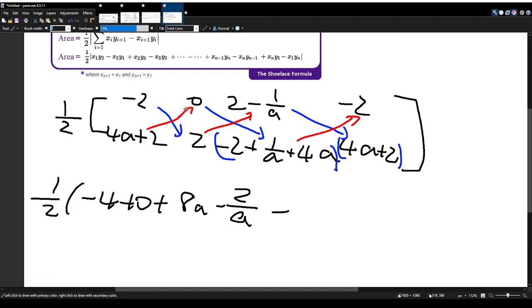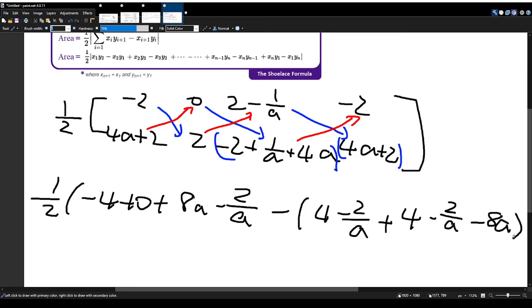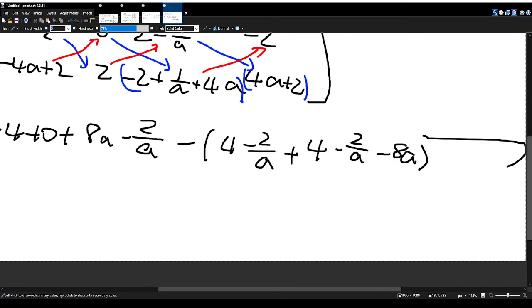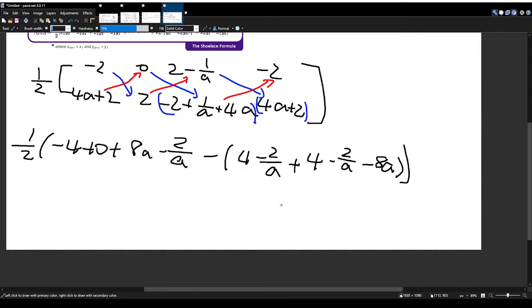So this is 0, whatever, we don't care. This 2 times 2 minus 1 over a, that's just 4 minus 2 over a. And then this times this is 4 minus 2a minus 8a, right?